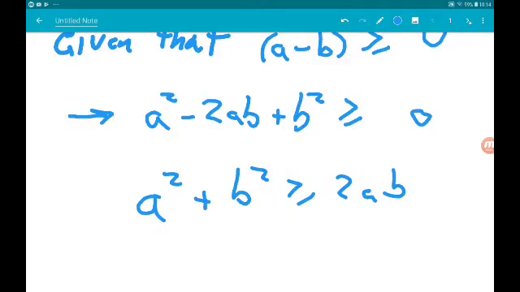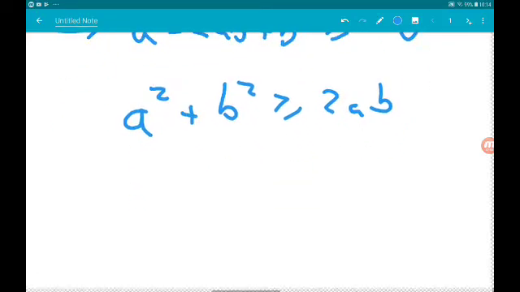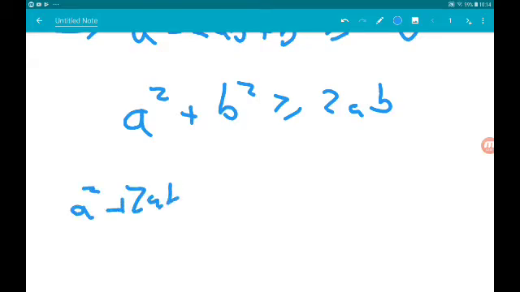So what we need to do here is think about how we could factorize the left hand side to give us a plus b inside of a bracket. We could think of a squared plus b squared as a squared add 2ab add b squared minus 2ab.